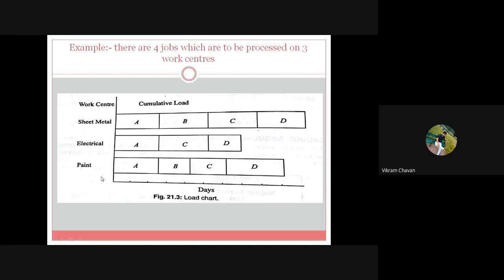Okay, so we have already discussed that these jobs should be processed according to their specification, and they are having unique routing for the particular job.